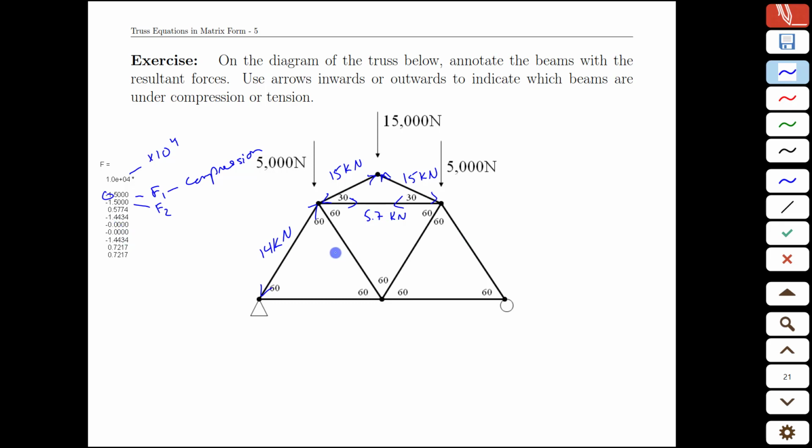And then, interestingly, we have 2 zeros, and then another compressive force of negative 14 kilonewtons. And last but not least, our 2 forces at the bottom of about 7.2 kilonewtons. These are both positive, and so they are tension and pulling away from the joints.